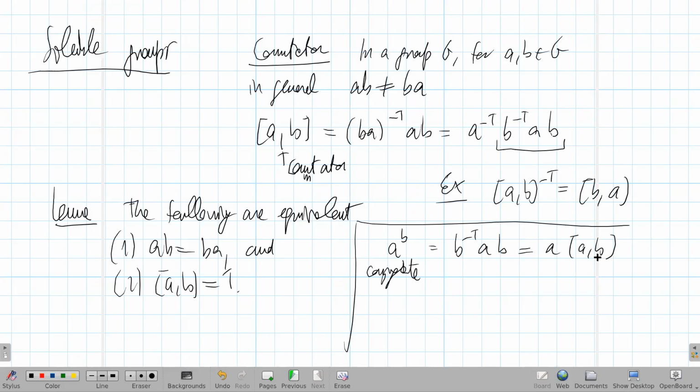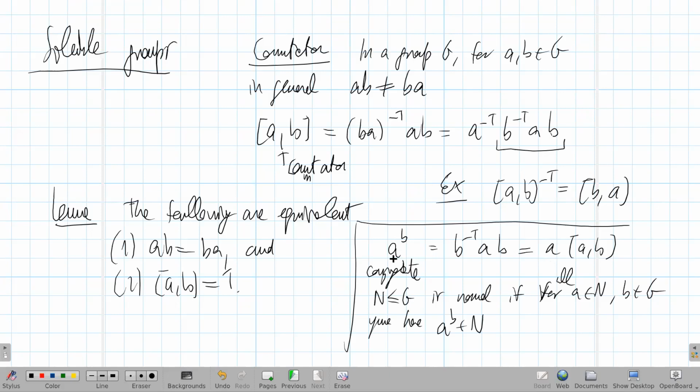And recall that, of course, N, a subgroup of G, is normal if for all A in N and B in G, A to the B is in N. But since A to the B is equal to this, it is a product of two factors.